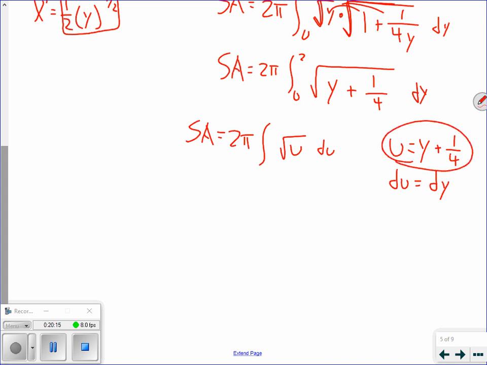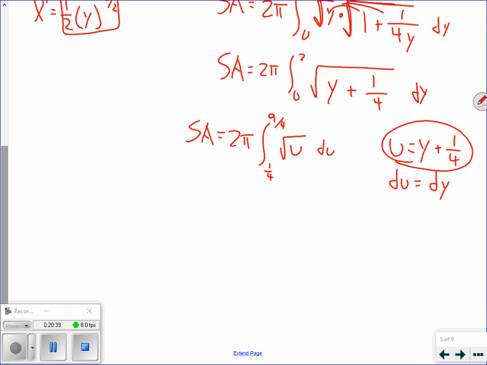We got a u equation. I can plug 0 into that and get 1/4. And I can plug 2 into that and get 2 plus 1/4, which I believe is 9/4. Because that would be 8/4 plus 1/4. Yeah, it's 9/4.